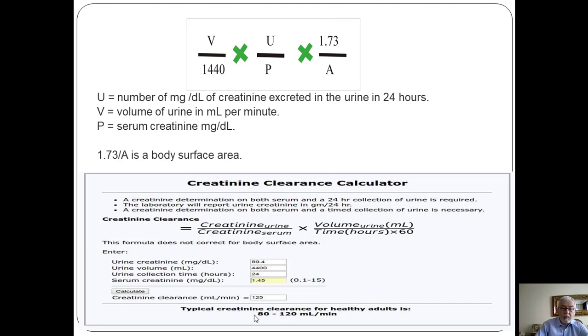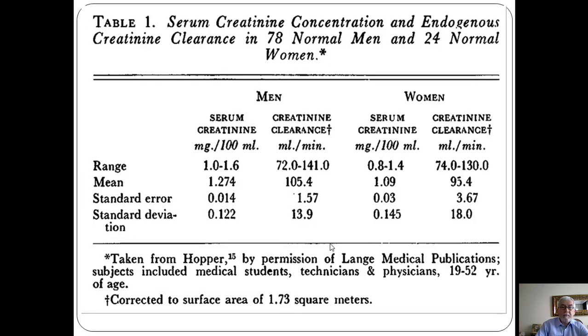Typically, creatinine clearance for healthy adults is between 80 and 120 milliliters per minute. When you look at serum creatinine concentration and creatinine clearance in normal men and normal women, the range, as I told you, changes between men and women.